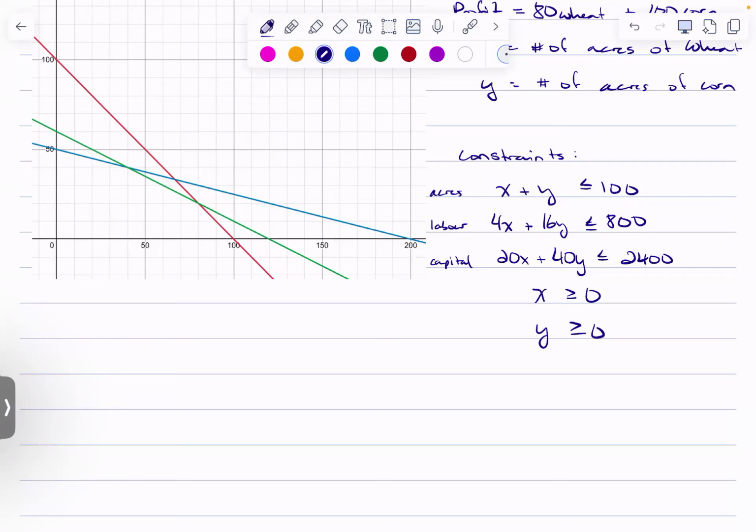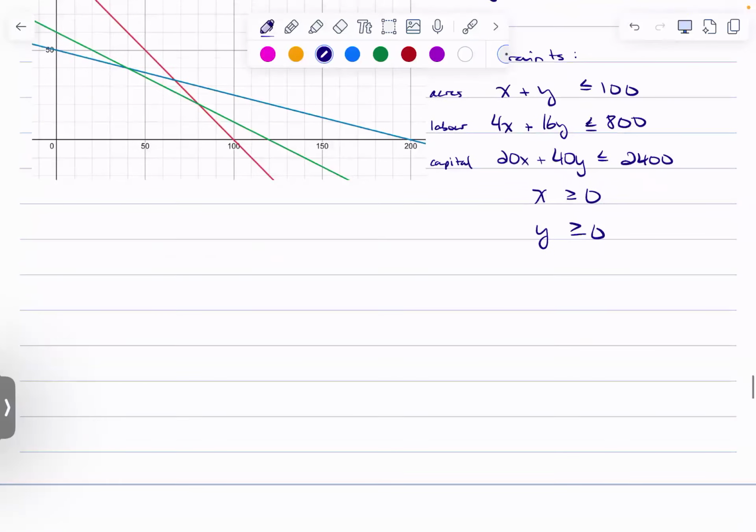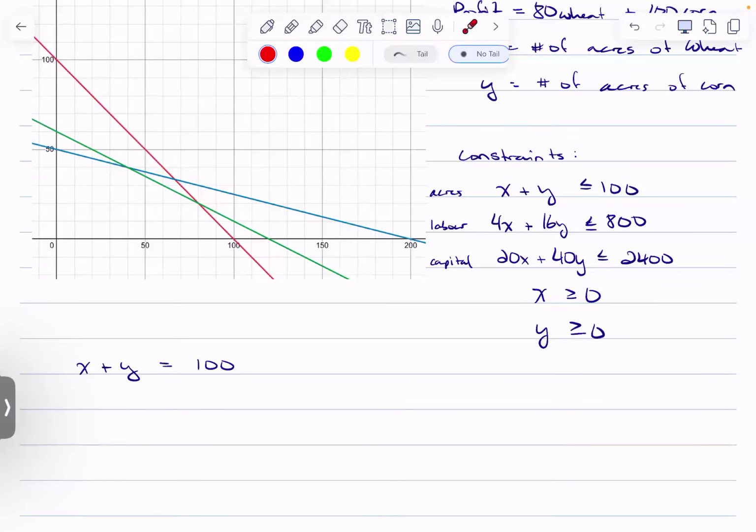If we look at x plus y is equal to 100, we've got these inequalities and we do want to check in on them later, but we already decided that it's all going to be below each of these lines. So we already know the feasible set, but to find the vertices, we need to know which line is which.